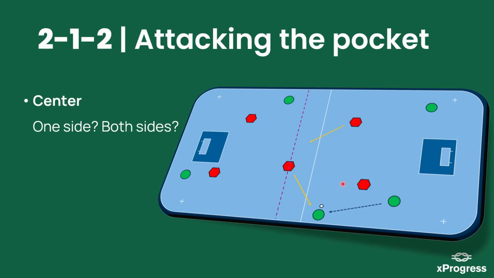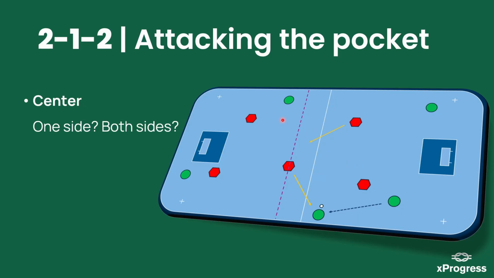But there are different versions for sure. So you can use the center to attack and then drop back with a passive side winger if you want to go like this. And you can do this on both sides, or you can do it on one side. And teams that do it on one side tend to look a little bit more like a W or an M, which is one of the known variations that we will cover in this system.